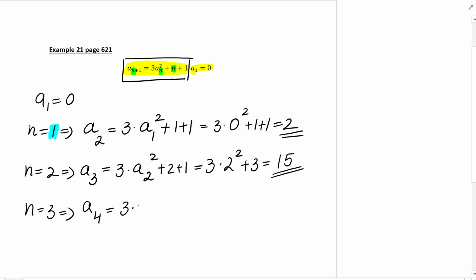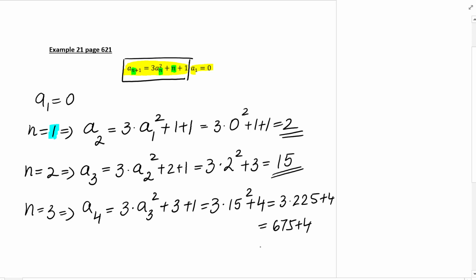So we get 3 times a sub 3 squared plus 3 plus 1. A sub 3 is 15, so 3 times 15 squared plus 4. We get 3 times 225 plus 4, which is 675 plus 4, 679. So we have 4 terms: a sub 1, a sub 2, a sub 3, and a sub 4.